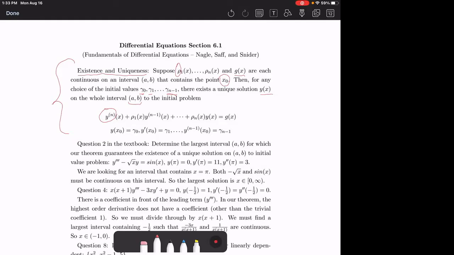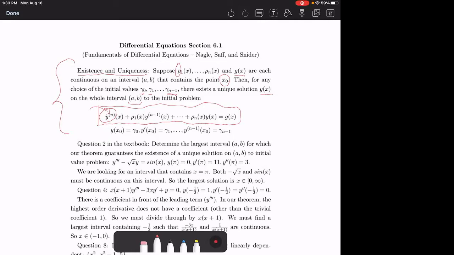So let's try to break this down and understand it in simpler terms. Suppose that you have this differential equation. Now, up to this point, we've really only been dealing with things that go up to order 2 mostly. So this is going up to order n. That's what's unique about this section, this is a way to find solutions all the way up to order n.